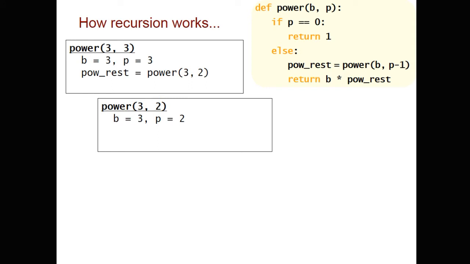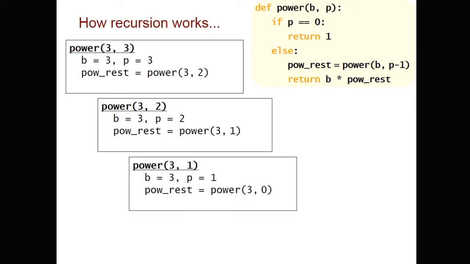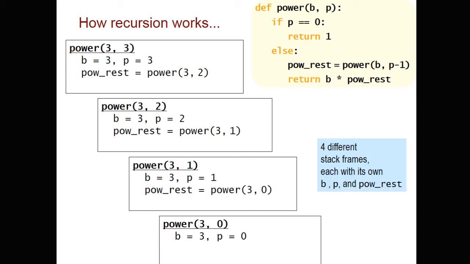In this case, we are stopping the execution of the first block and creating another block with B 3 and P 2, and in order to calculate the power of the rest, we need to calculate the power of 3 and 1, and again we have another case until we reach 0, where we can have the answer immediately using the base case.